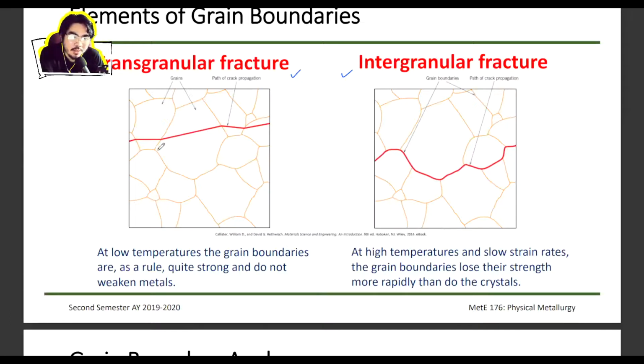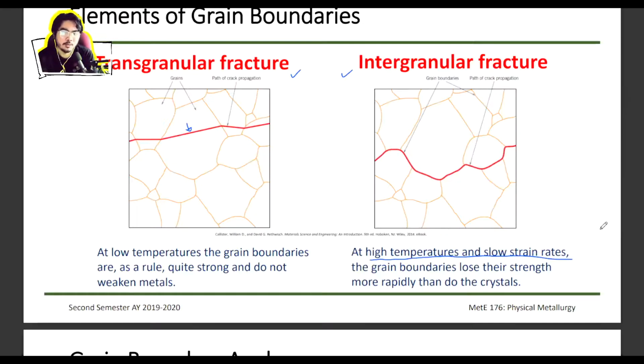So when grain boundaries are stronger than the actual grains, ang mangyayari yung path of propagation ng isang fracture would be across the grains, no? So transgranular yung nature. So it will be across the grains, parang ganyan, because this host phase here is much weaker than the grain boundaries.